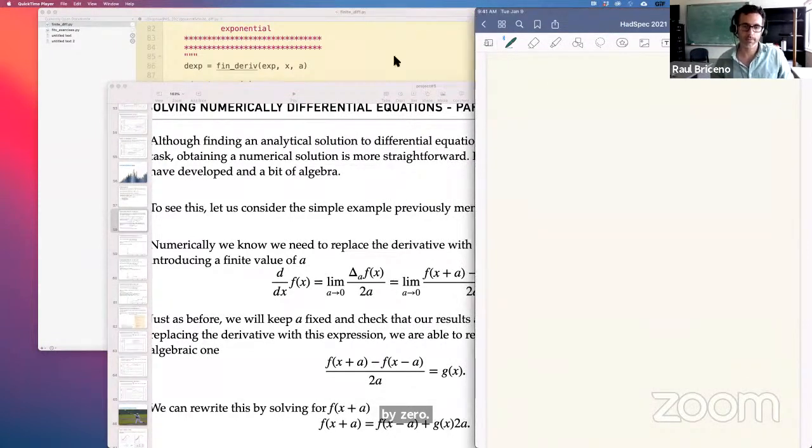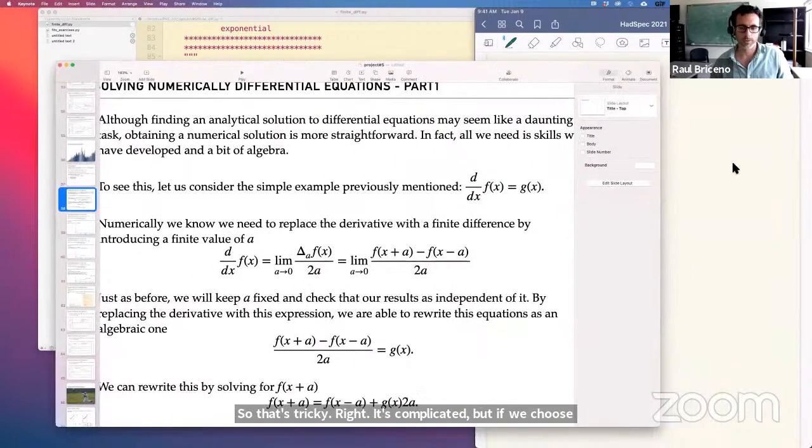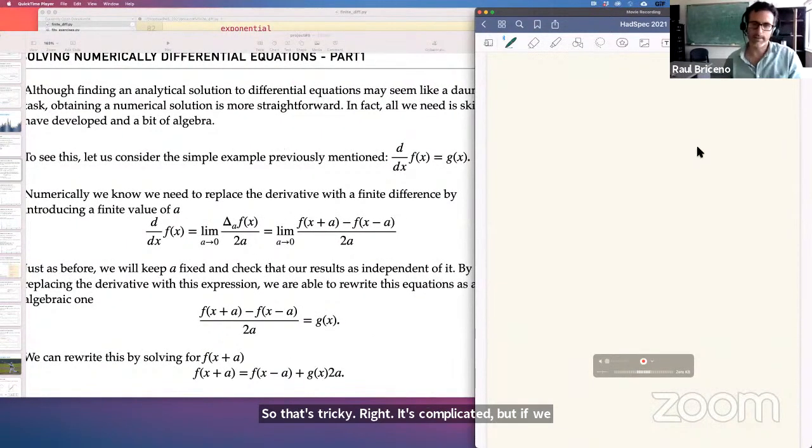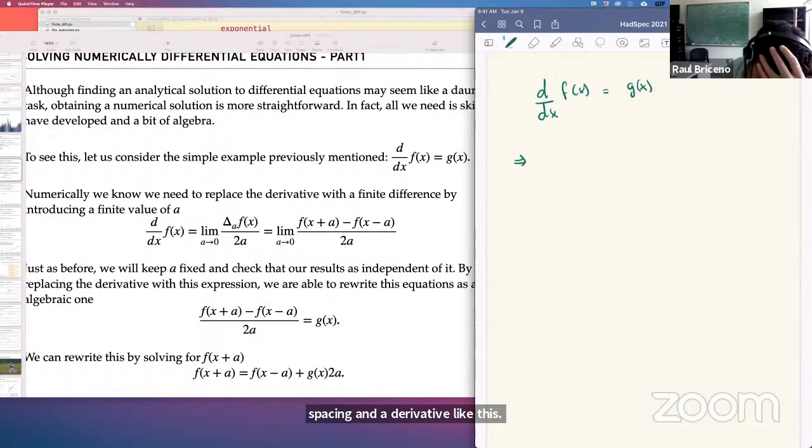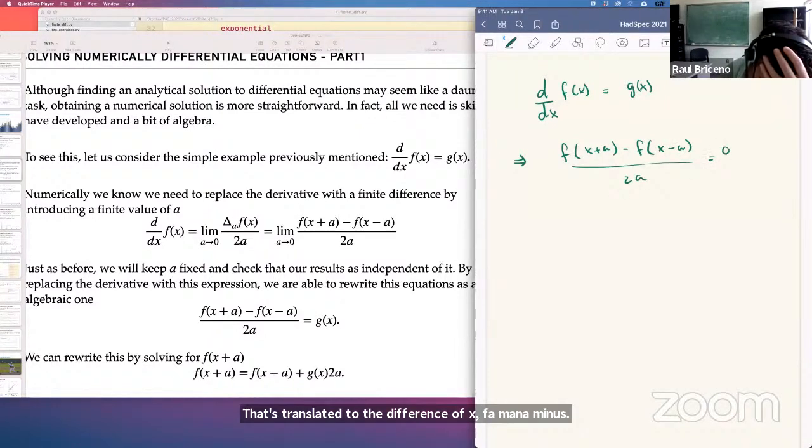That is complicated. But if we choose to continue to consider things in a finite spacing, then a derivative like this gets translated to the difference of f evaluated at x plus a minus f evaluated at x minus a, right, and we just keep a fixed, right?